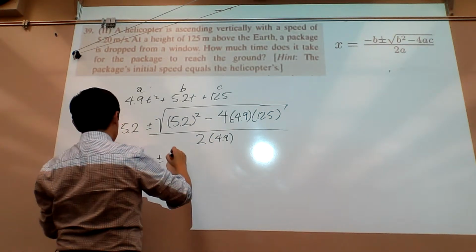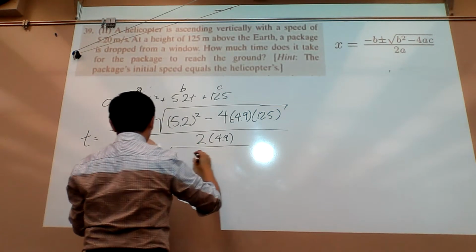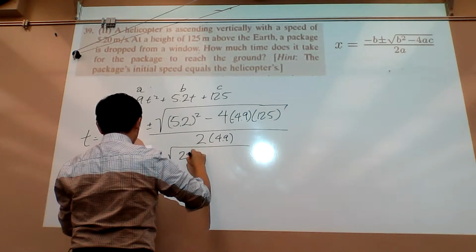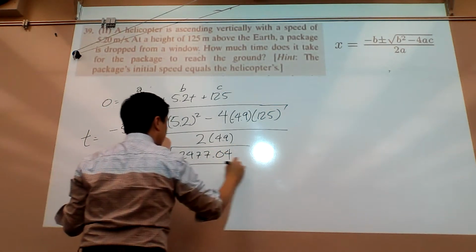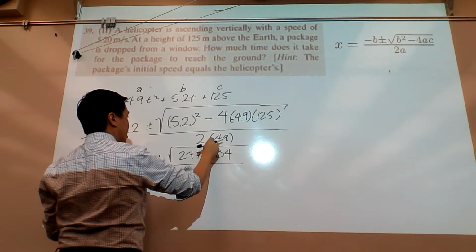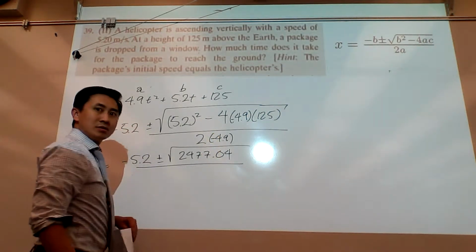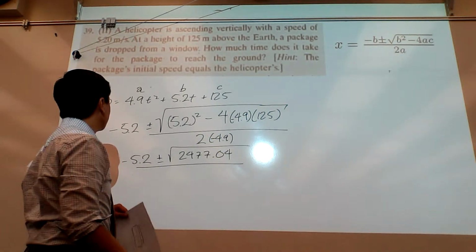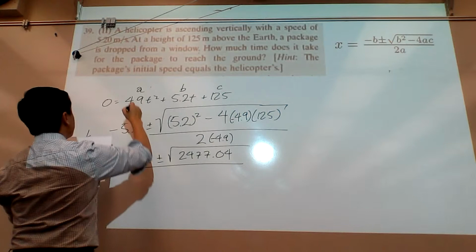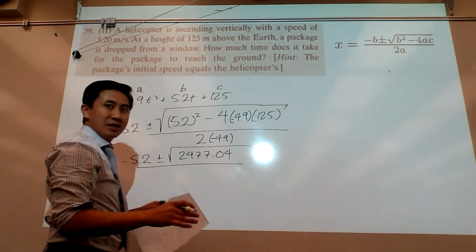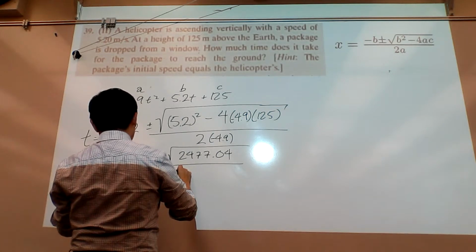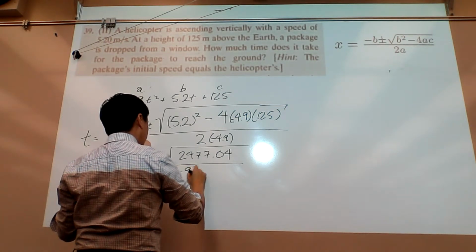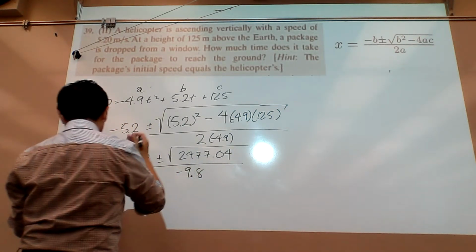So I get plus or minus the square root of 2477.04 divided by, oh, don't forget this negative. I was going to mess this up. I totally forgot about that negative. Gravity's going down, so it's minus 9.8. Two times 4.9 goes back to 9.8.